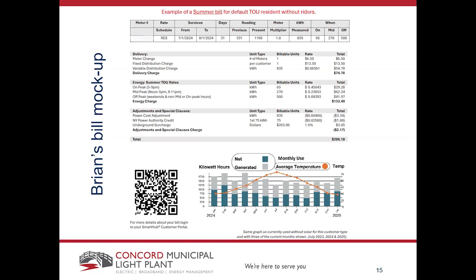But at least graph wise, we could see, okay, my usage is being matched with my generation, or it's not. But I would definitely know when we are consuming energy, and what we've got to watch out for.